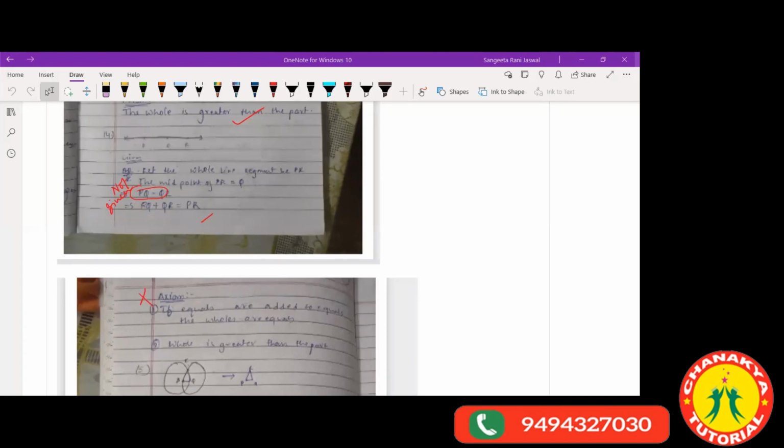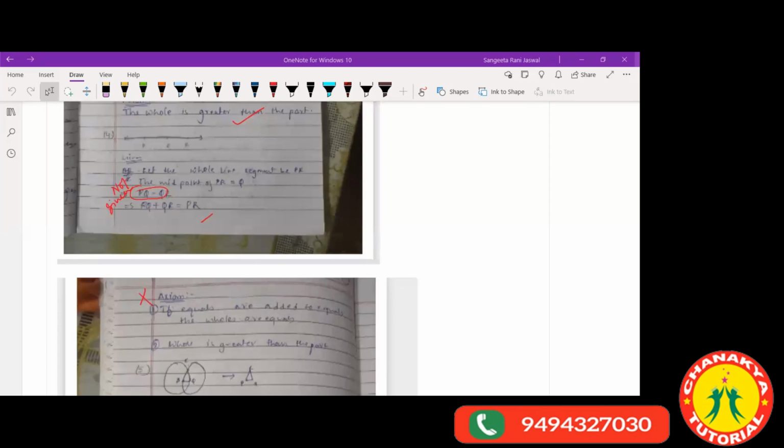In this question, if P, Q, and R are points on a line and Q lies between P and R, then prove that PQ plus QR is equal to PR. Nowhere it is given that Q is the midpoint of PR. It just said that Q lies on PR. So in that case, we will take a line PR, which coincides with PQ plus QR.